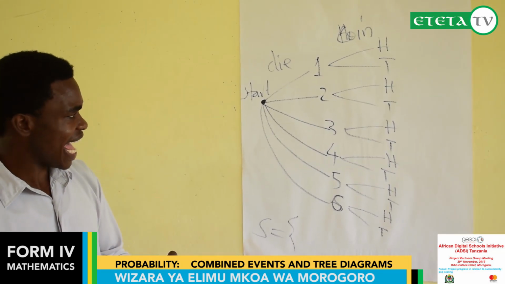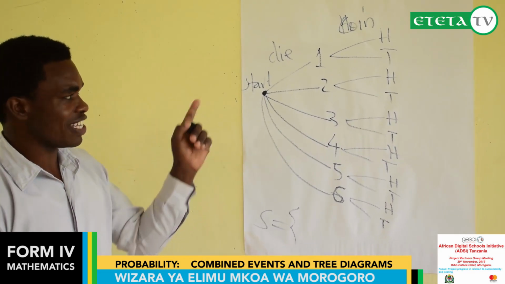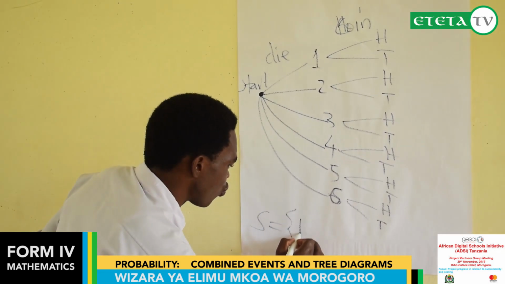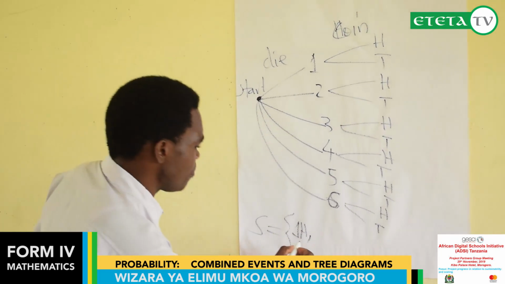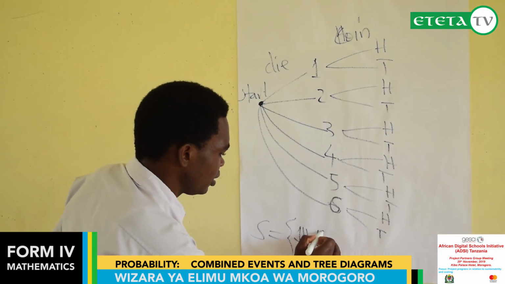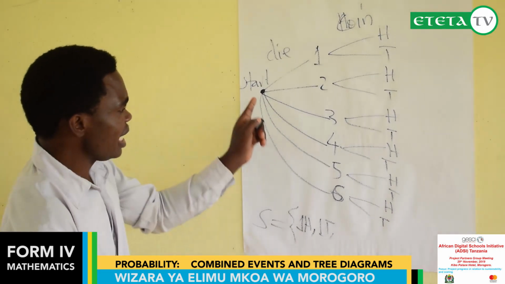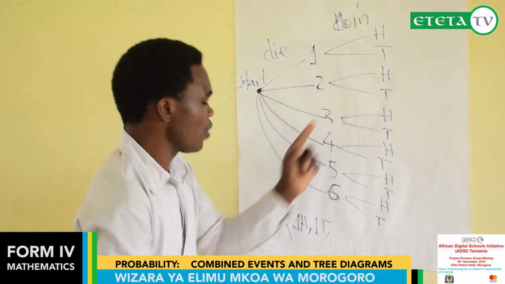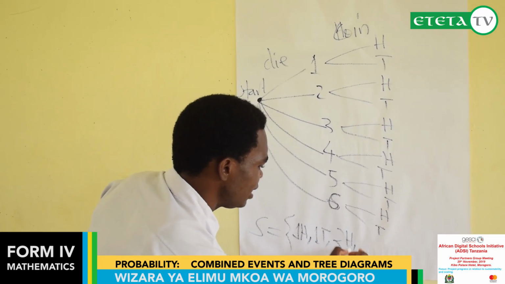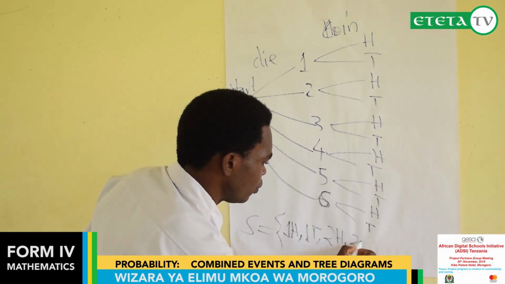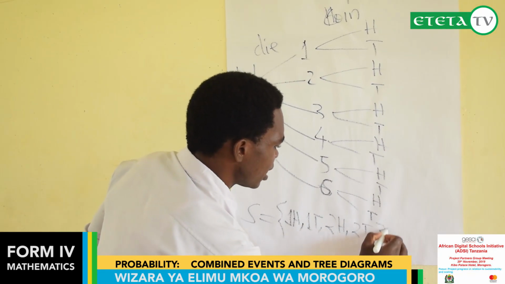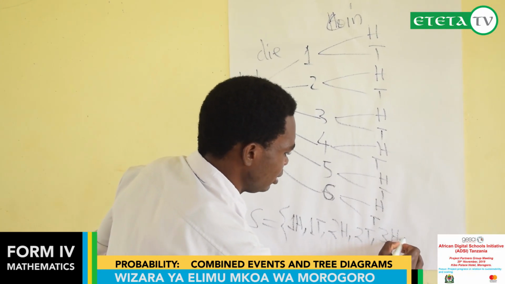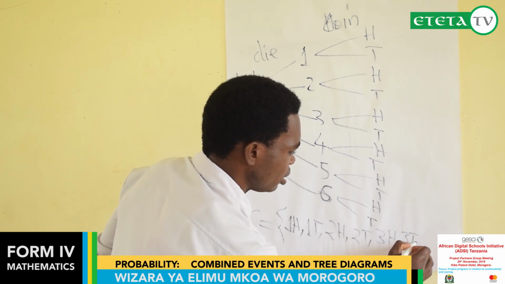Therefore, the sample space S will be the set of, we said we are making the result by using the paths. So the first path will be 1 head. The second one will be 1 tail. Then again we'll have 2 head, then 2 tail. Then again we'll have 3 head, and 3 tail.